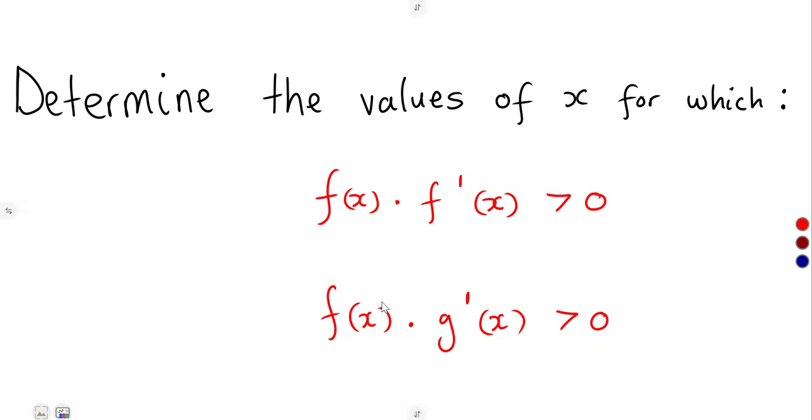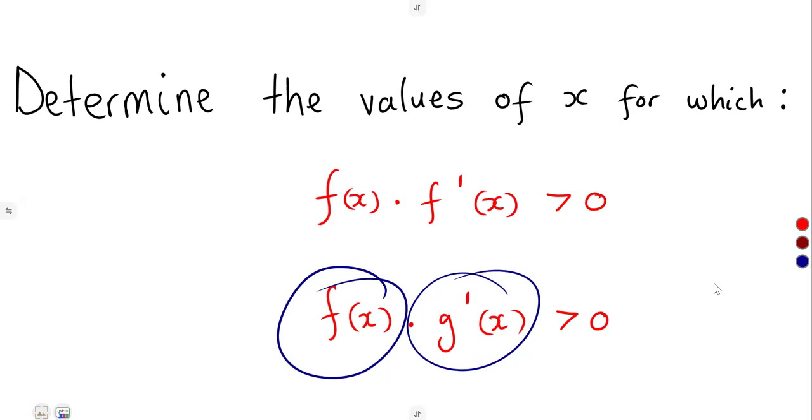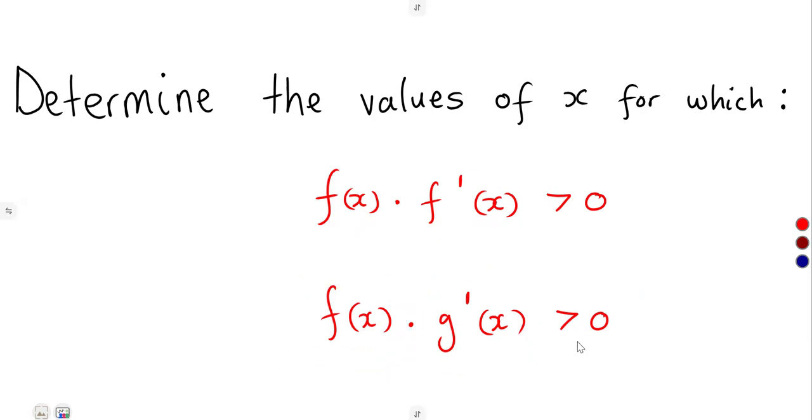Or a certain function multiplied to the derivative of another function. Take note, this is f of x, this is its derivative. But here we have f of x, a different function, a different derivative, which can also be greater than 0, less than 0, greater than or equal to, or less than or equal to.